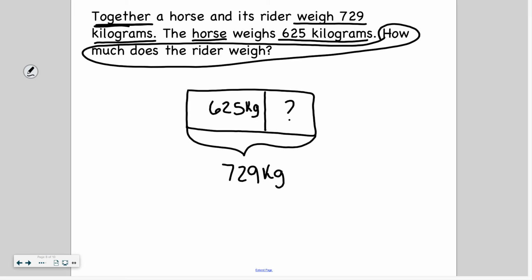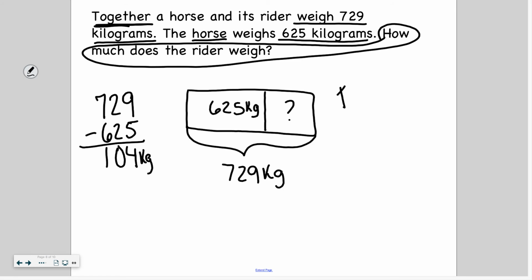Well, I have the part, I don't have the other part, but I know the whole. So in order to find the difference in weight between the total and this part, I can subtract. So 9 minus 5 is 4, 2 minus 2 is 0, and 7 minus 6 is 1. So 104 kilograms.